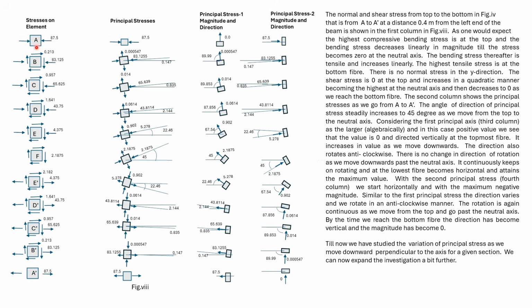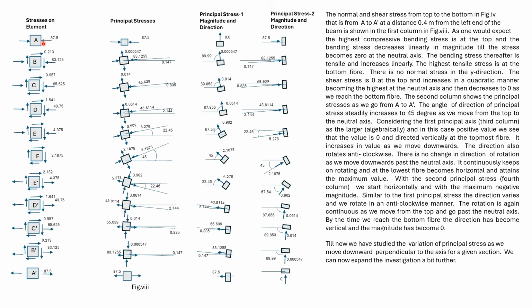We earlier found the stresses acting at A, F, D, and D dash. The stress in A dash is opposite to that of A. Here we have determined the stresses acting on all the elements.